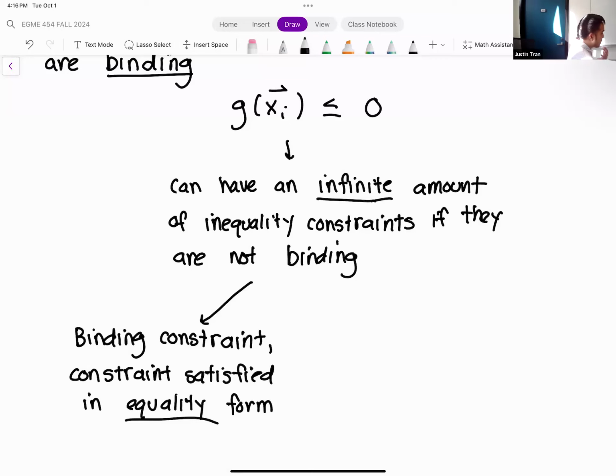And so in that case, we can treat it in our solution as an equality constraint. We have a lot of methods to do that for us. We can either do direct substitution or we can use the Lagrange multiplier approach.